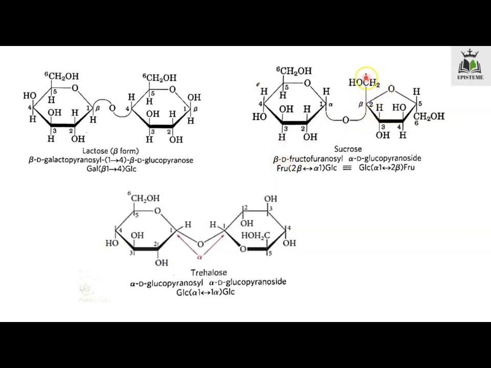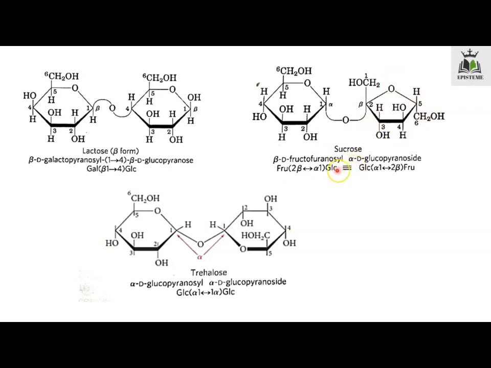It is because when we start counting in an anti-clockwise direction, 1, 2, 3, 4, 5, 6, the anomers get reversed. It looks like it's supposed to be alpha, but actually it's beta because the counting is in an anti-clockwise direction. And it is a fructose structure, so fructo, and furanosyl because it resembles furanose.